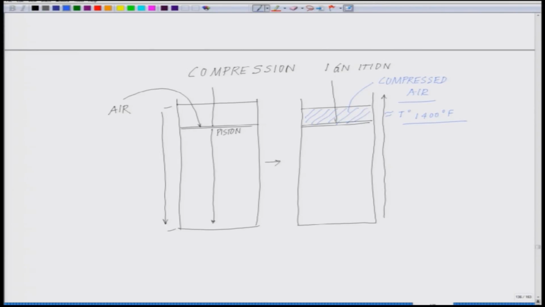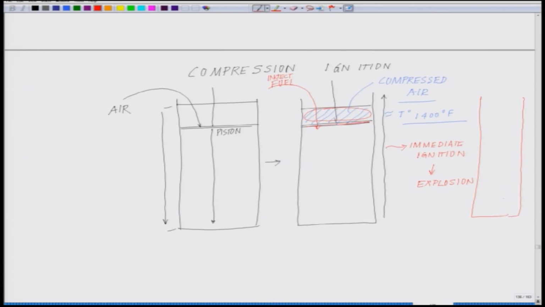At this stage, when the air temperature is so high, you inject the fuel into the system, and because of the high temperature of the air, it leads to immediate ignition followed by an explosion.